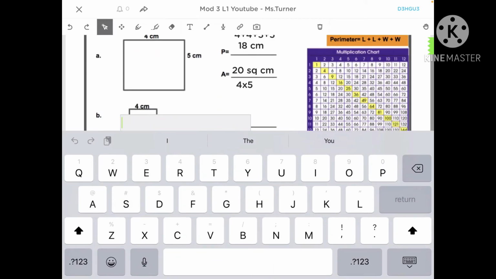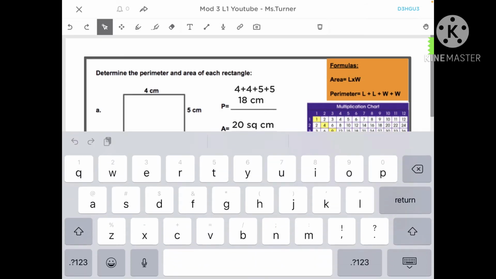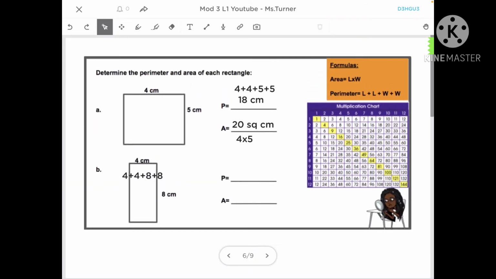Did you guys get this as your equation? Is that what you got?